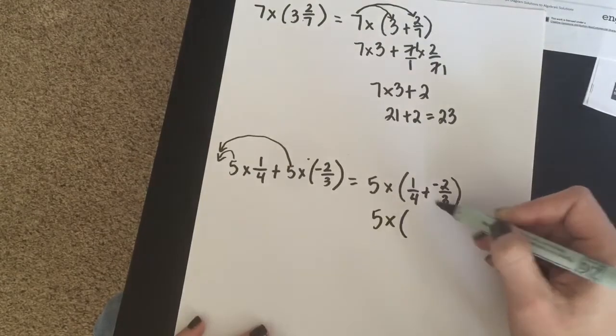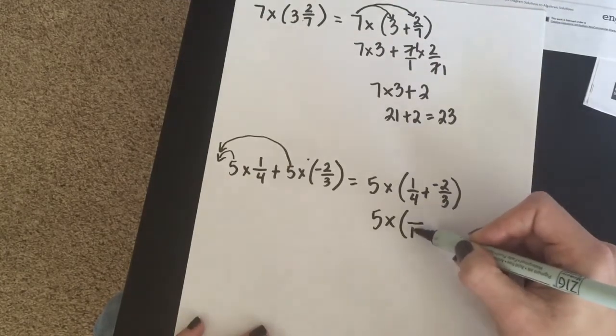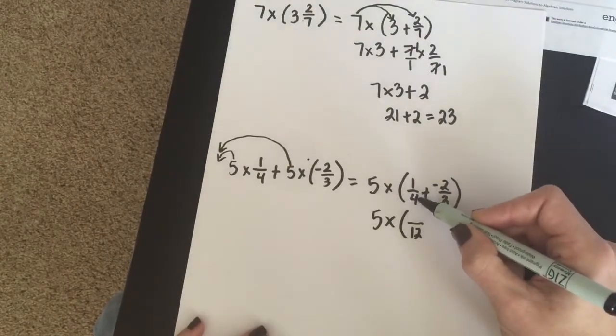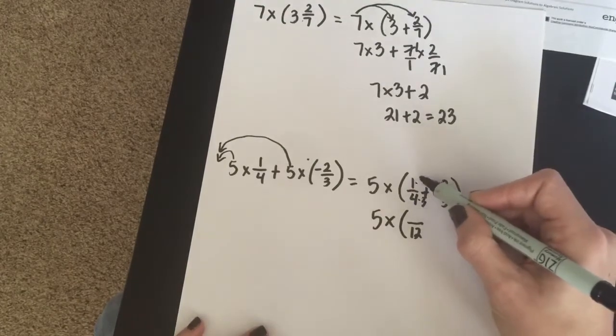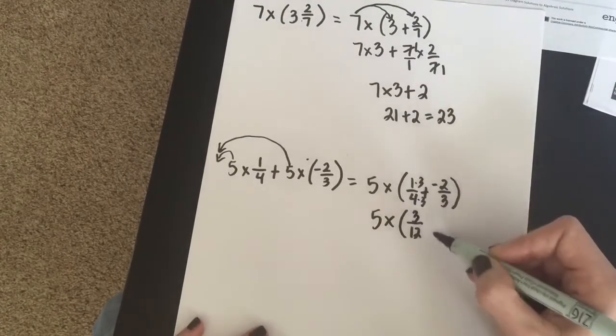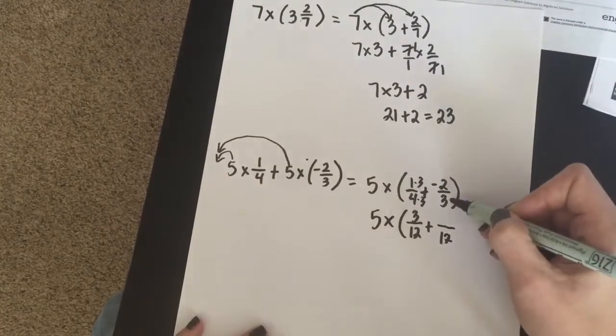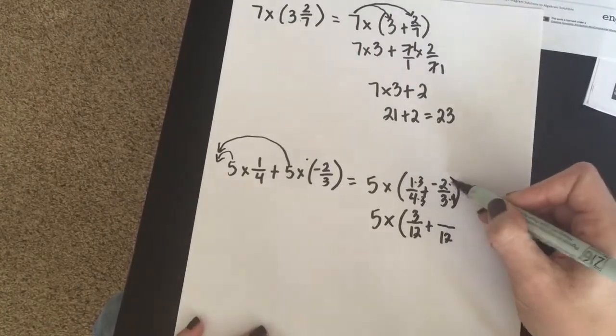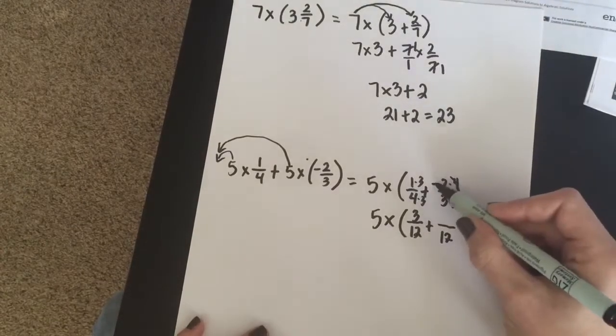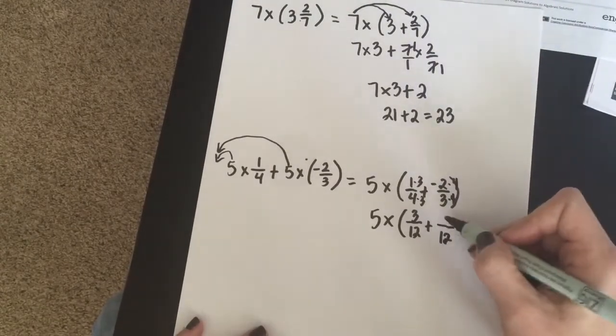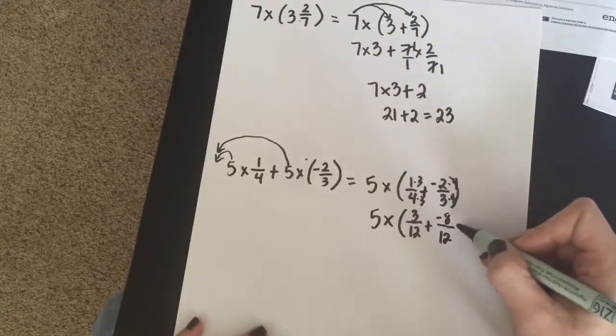Like denominator would be 12. Well, 4 times 3 is 12, so 1 times 3 is 3. 3 times 4 is 12, so negative 2 times 4 is negative 8.